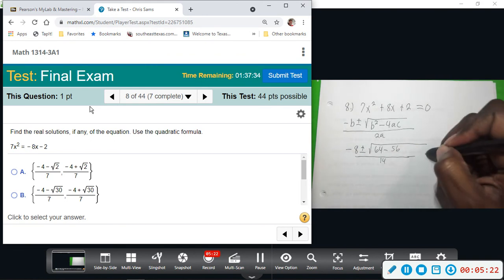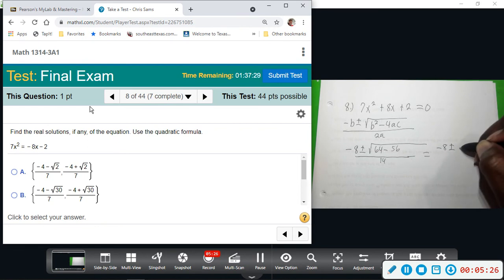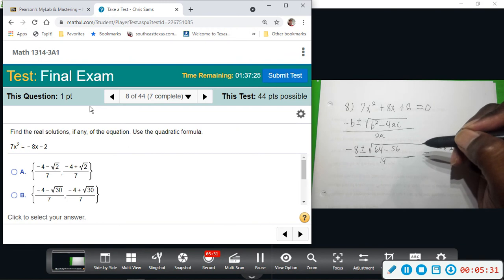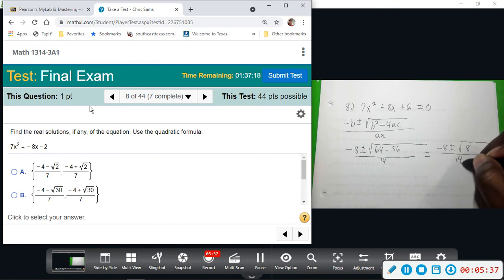Okay, so next step, I simplify this. We have a negative 8 plus or minus the square root. 64 minus 56 is 8, positive 8, all divided by 14.